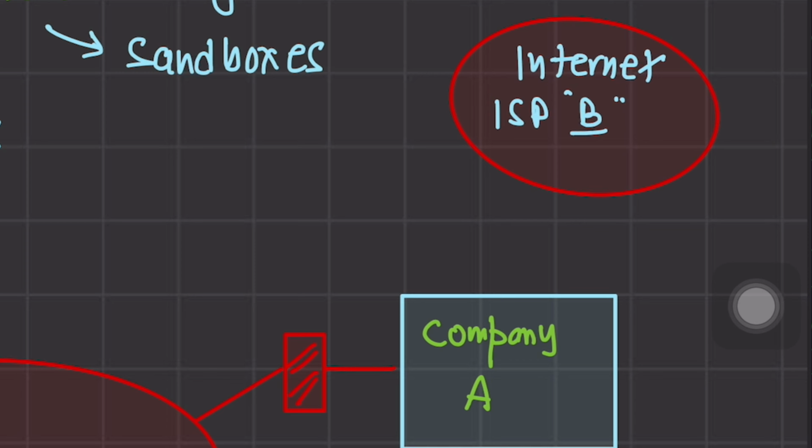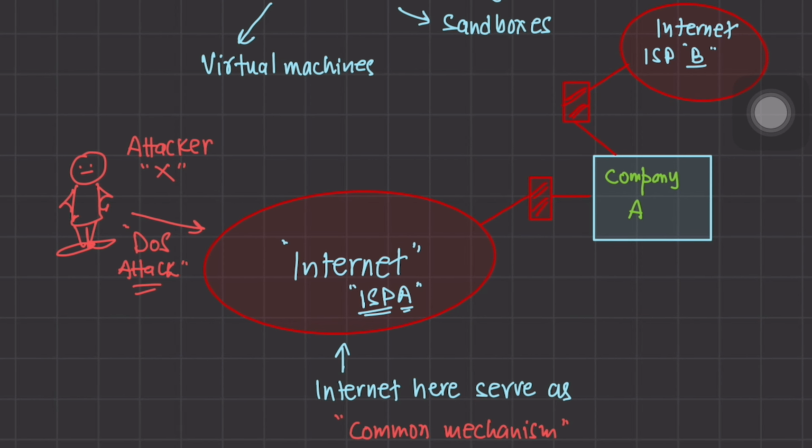It will give internet redundancy, plus if an attacker is launching a distributed denial of service attack on the company from ISP A, the company can be safeguarded from ISP B. So this is one example for you to understand what a common mechanism is first. And the principle of least common mechanism says that we have to minimize the usage of common mechanism. So that's one way to understand.